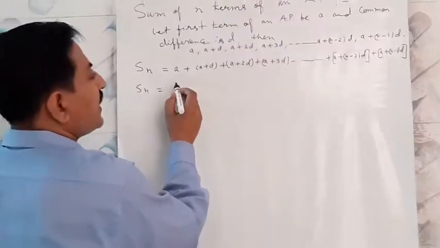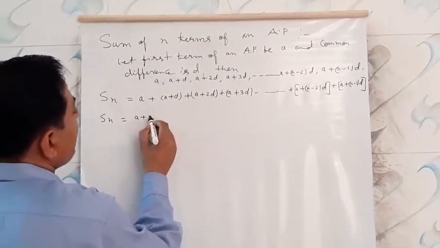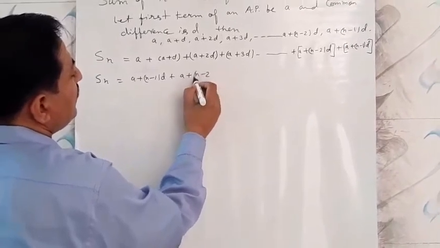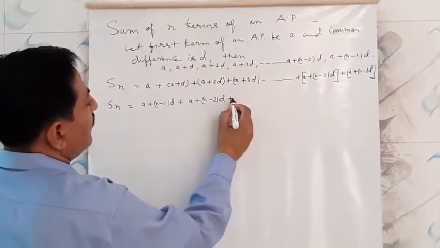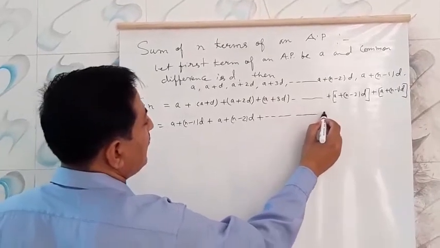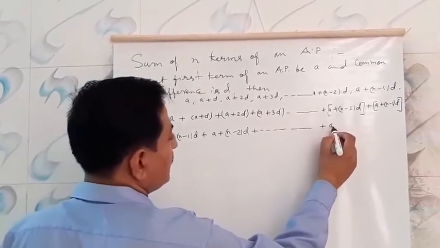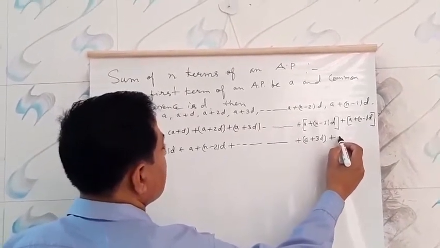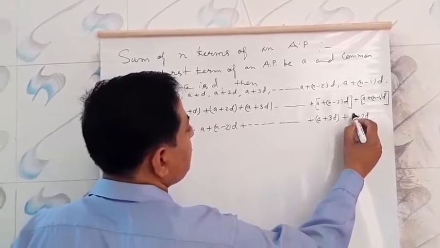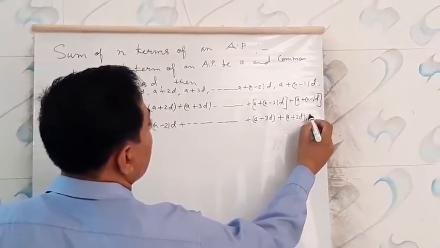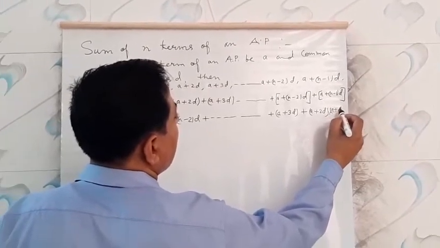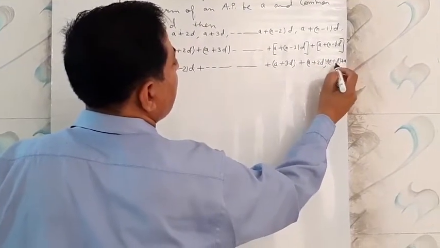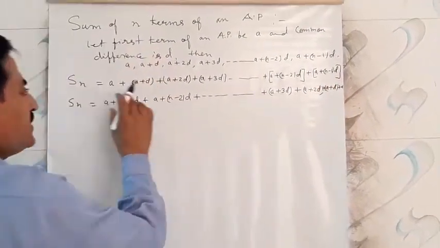So that means we can write A plus n minus 1D, plus A plus n minus 2D, plus and so on, A plus 3D, A plus 2D, A plus D, with the plus sign, and plus A. Here you will see that only the sequence has changed.